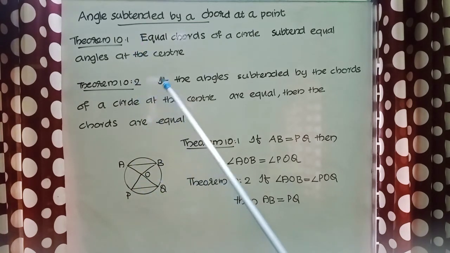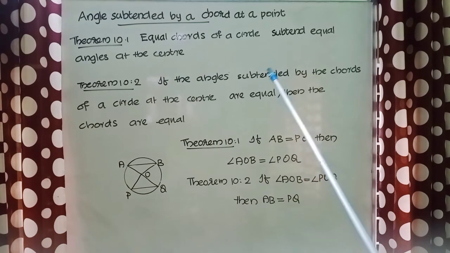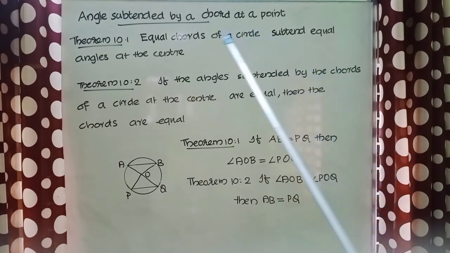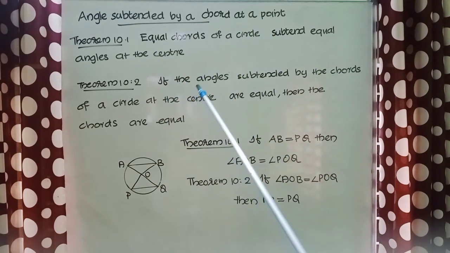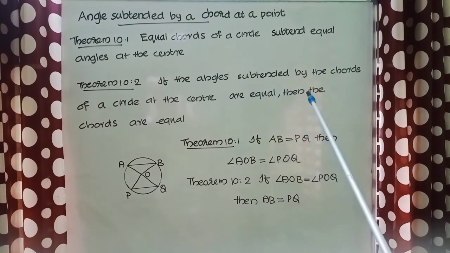Theorem 10.2 says that if the angles subtended by the chords of this circle at the center are equal, then the chords are equal. That means if angle AOB and angle POQ are equal, then we can say these chords AB and PQ are equal.